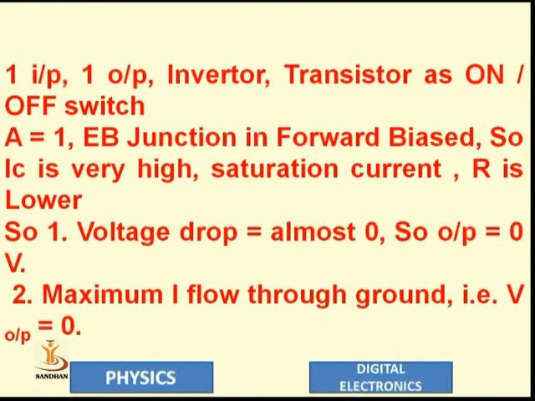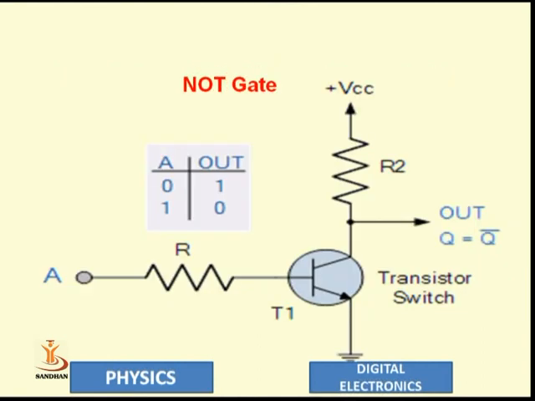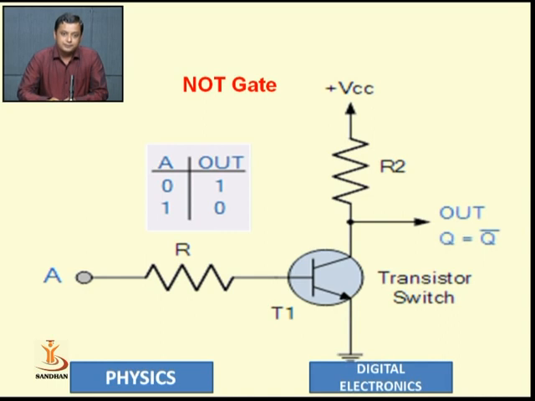This is possible because the transistor is used as an on-off switch. Here we are using the transistor as an on-off switch. Suppose in this circuit, the input point and the output point are on the right side.